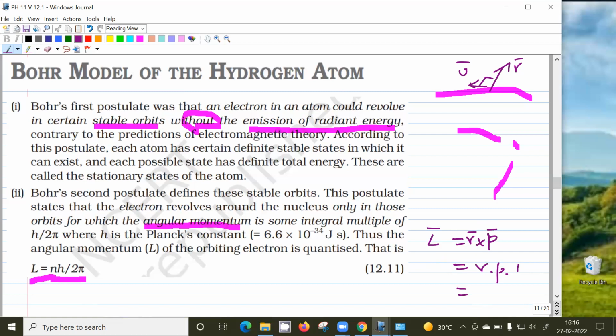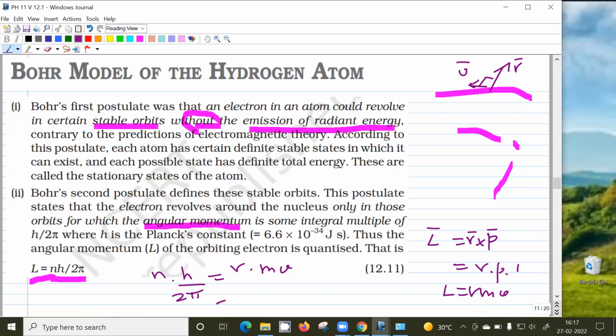So this is r into m into v. The magnitude of the angular momentum is mvr. According to Bohr's second postulate, this angular momentum cannot be of any arbitrary value. So n times h by 2 pi is equal to r into mv. From this we get the radius, and I can put a suffix n on this radius.